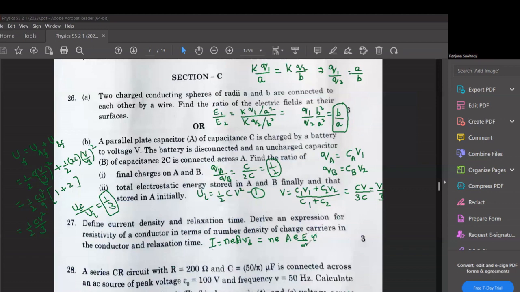Then V upon E can be put as V by N. Find V by I, we will get the resistance and compare it with R is equal to rho L upon A. So we get the resistivity. That resistivity comes out to be M upon N E square into tau. This is the simple derivation. So this will be the resistivity in terms of relaxation time and the number density of the charge carriers.